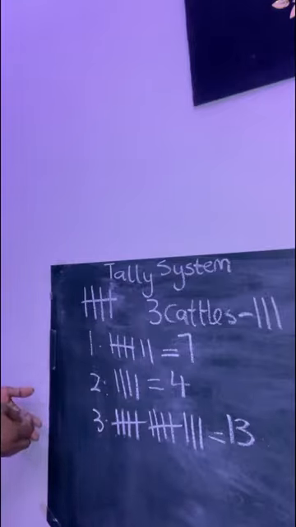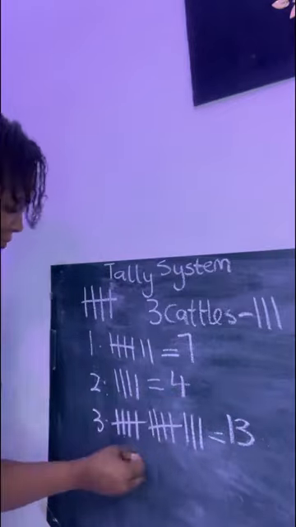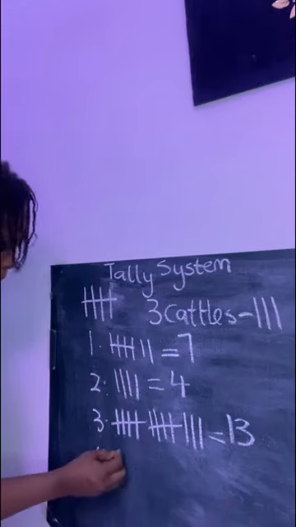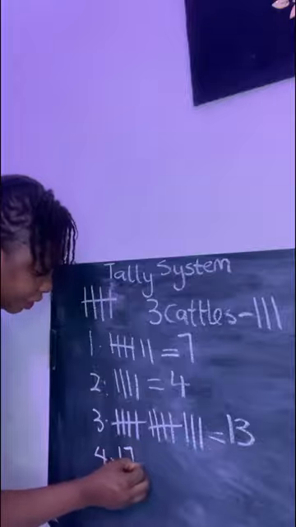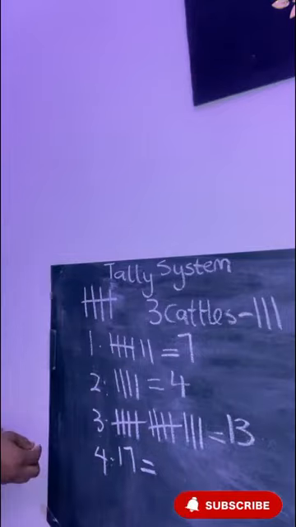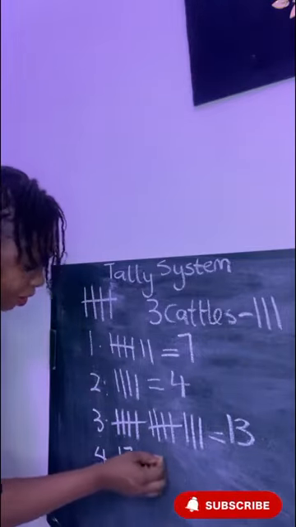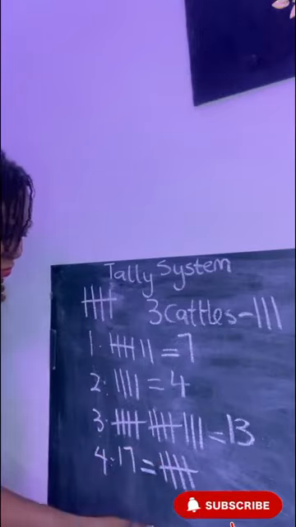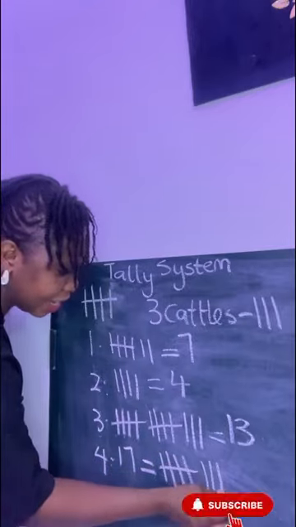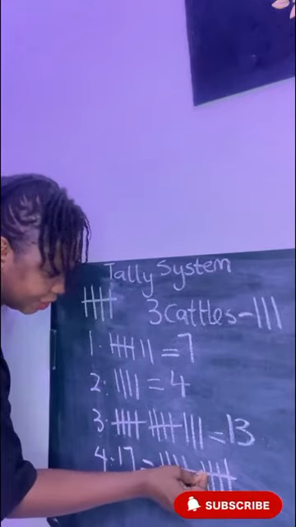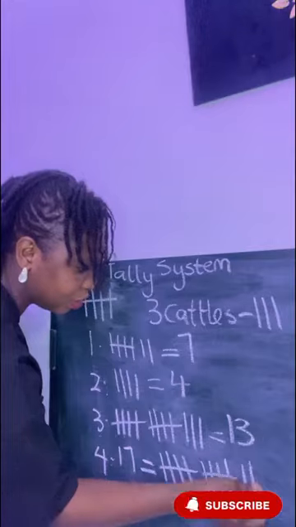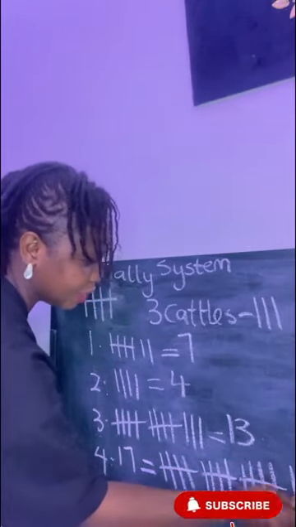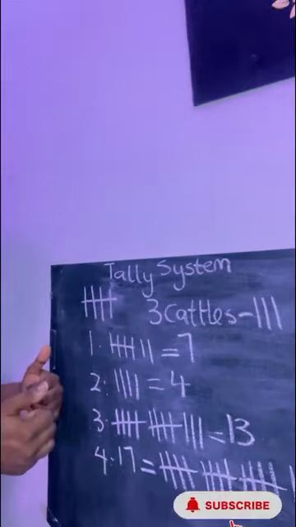So if you are asked to indicate 17 in the tally system, how do we do it? 17, remember? 1, 2, 3, 4, 5, 6, 7, 8, 9, 10, 11, 12, 13, 14, 15, 16, 17. Good job.